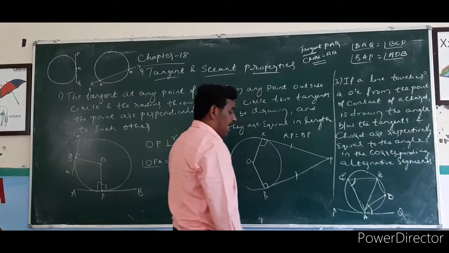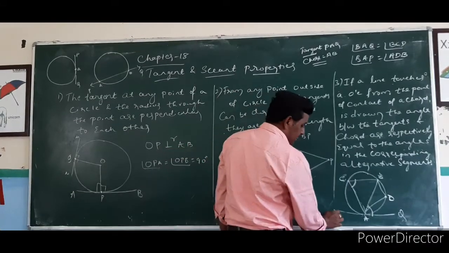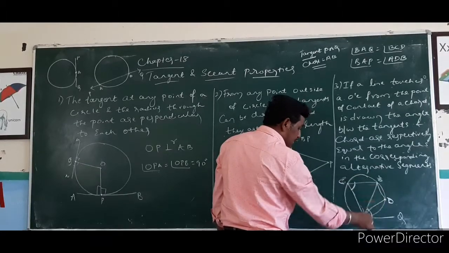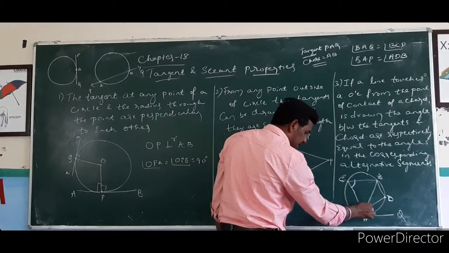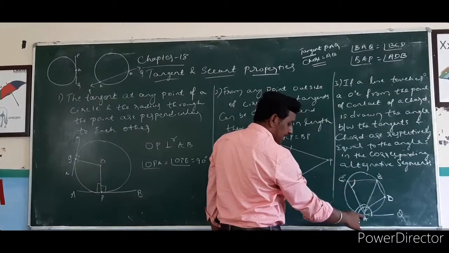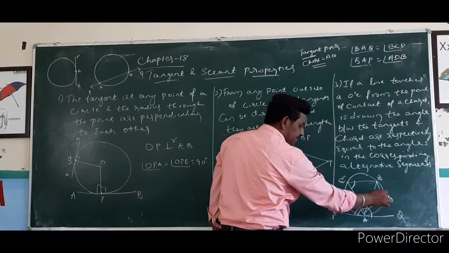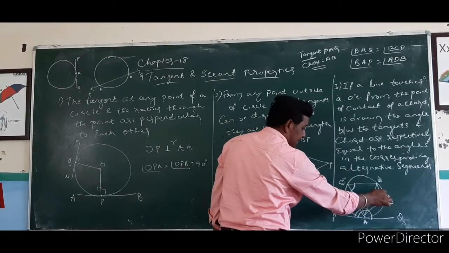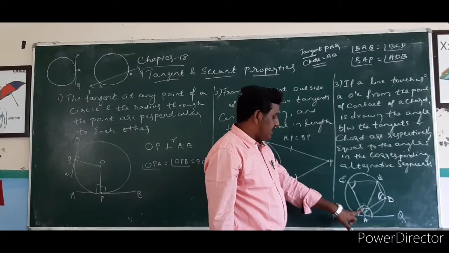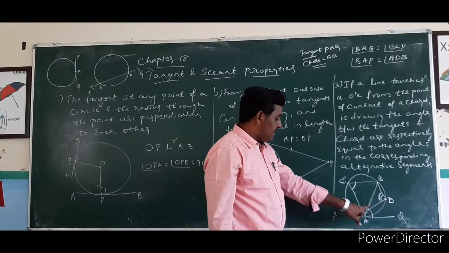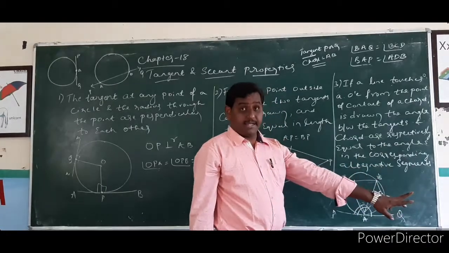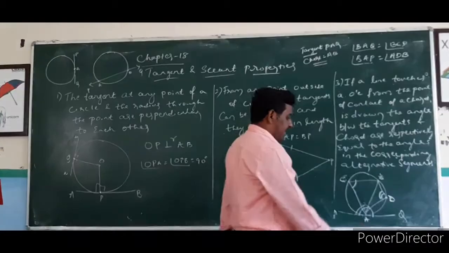Here one more angle is there. If PAQ is the tangent and AB is the chord, then this angle, BAP, is equal to this angle, which I marked with a double arc, because the angle between the chord and tangent is equal to the alternate segment angle.